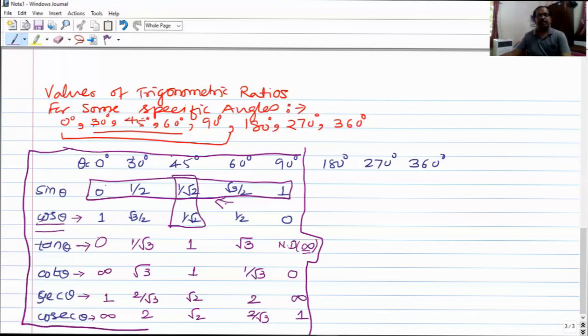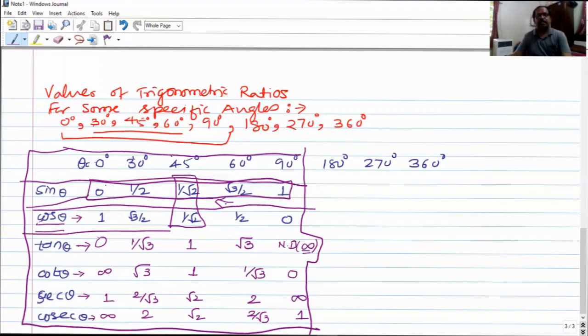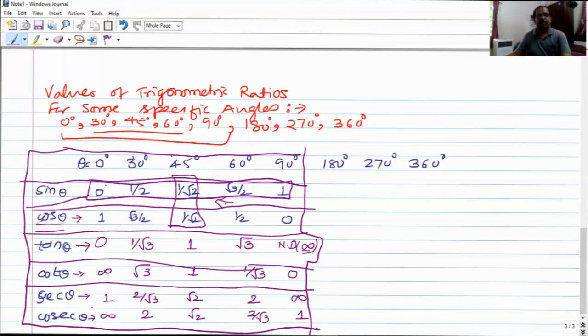This table can be used while solving examples, and we can have the values of all trigonometric functions for the standard acute angles between 0 and 90, as well as the two quadrantal angles 0 and 90. Right, students? So you can refer to this table to get the values of trigonometric functions from angle 0 to 90.